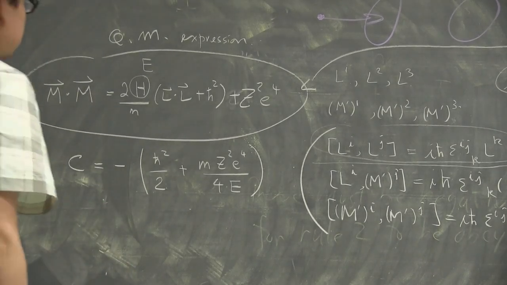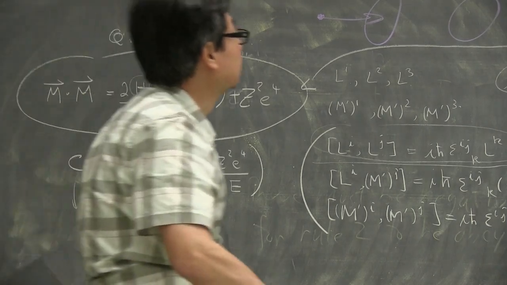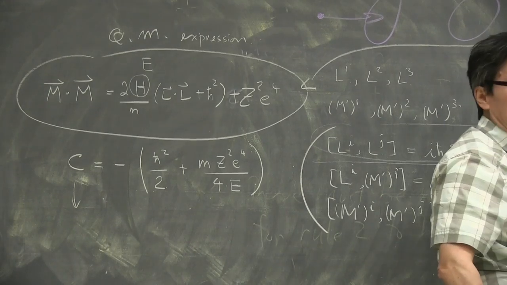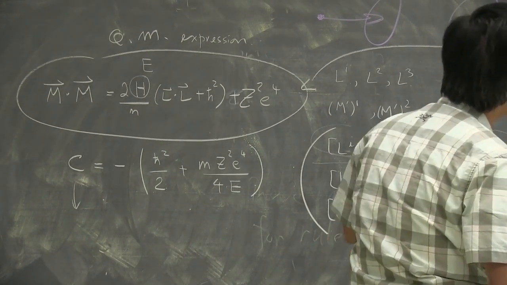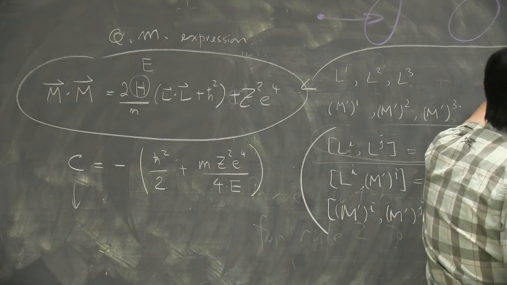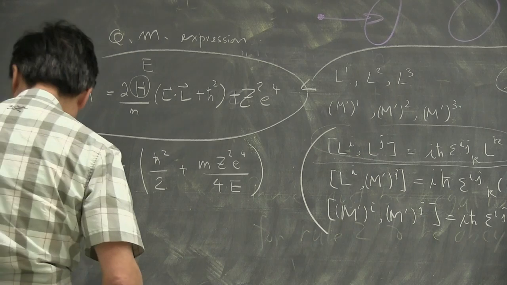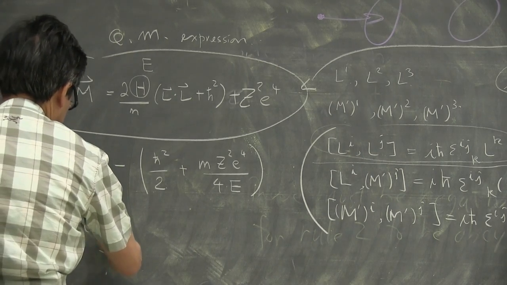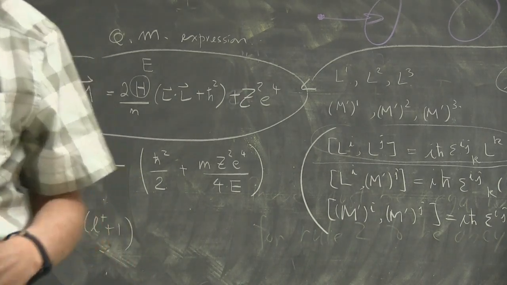The eigenvalues are the same, and each one of them is L plus times L plus plus 1. So in here, C can be replaced by 2 L plus times L plus plus 1, like so.